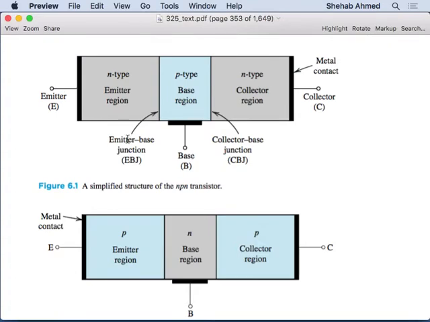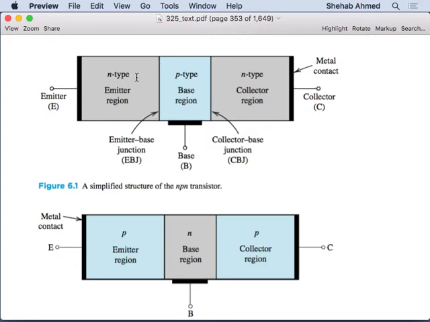And then, like the diode, if the junction is forward biased, how is current moving? Using what mechanism? Diffusion or drift? For the diodes, it's diffusion. Exactly. It's diffusion for forward bias, and it's drift for reverse bias.